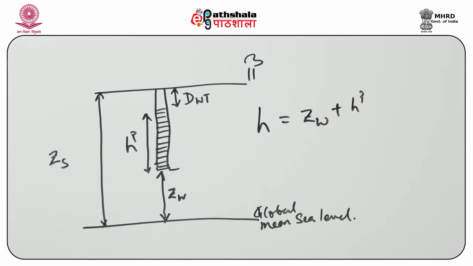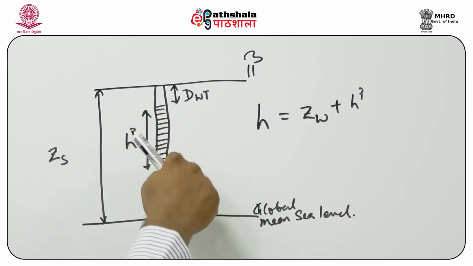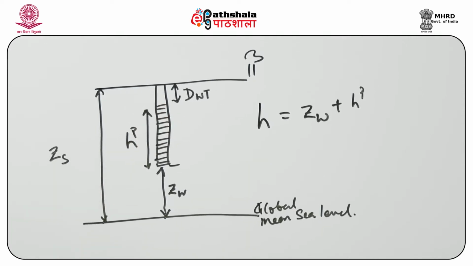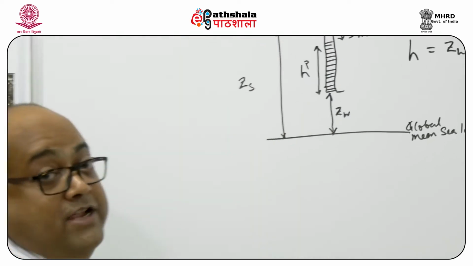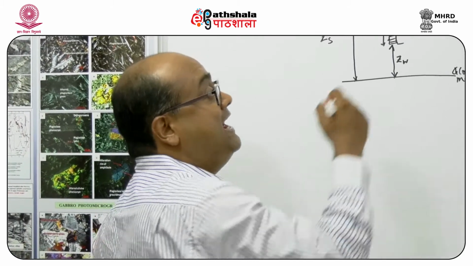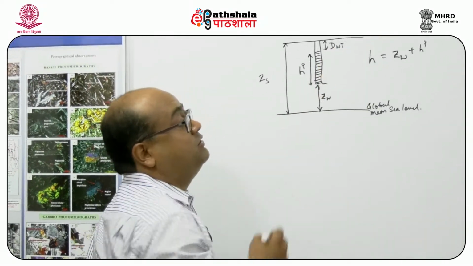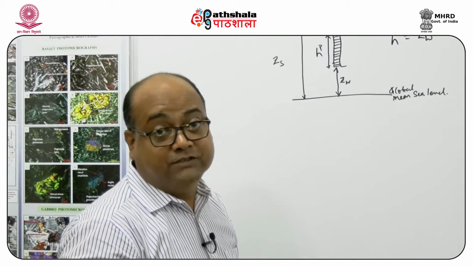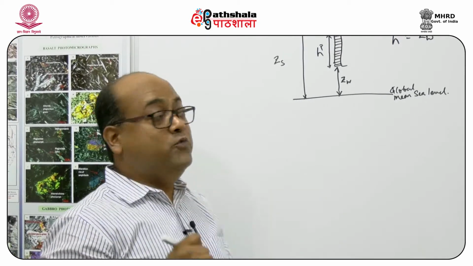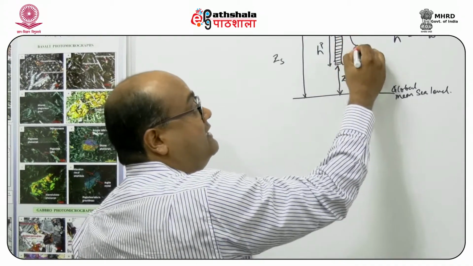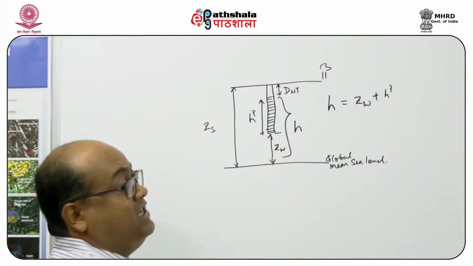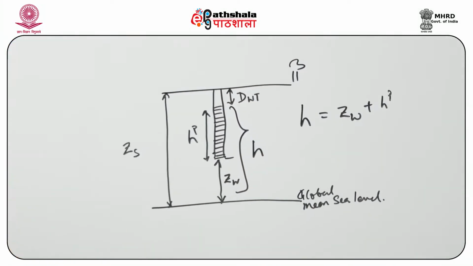Now it is sometimes not possible to get the individual components. So what we do is, if we know the elevation of the surface and the depth to water table measurements from the well, we can calculate the hydraulic head H. How do we calculate H?